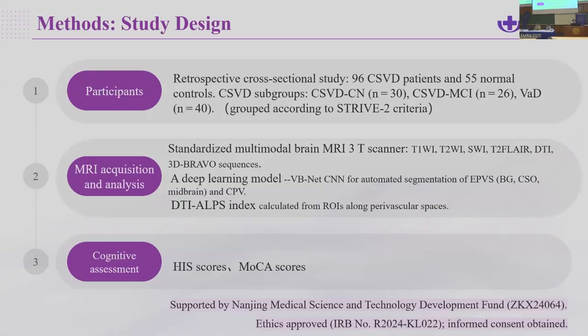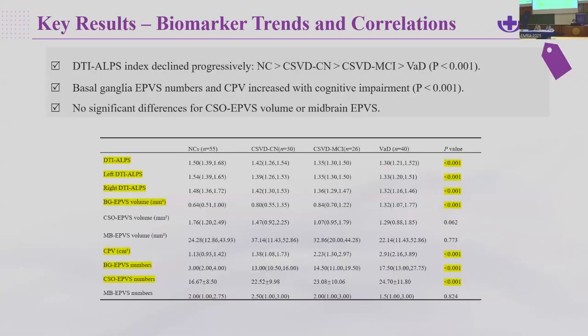This is a retrospective cross-sectional study, and the groups were divided according to STRIVE criteria. We used standardized multimodal brain MRI on a 3T scanner and a deep learning model, and the DTI-ALPS index was calculated. In the key results, the DTI-ALPS index declined progressively, and the basal ganglia EPVS numbers and the CPV increased with cognitive impairment.